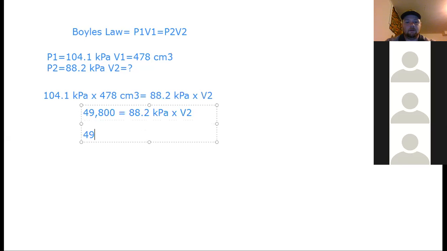So 49,800 divided by 88.2 kPa is going to equal V2.